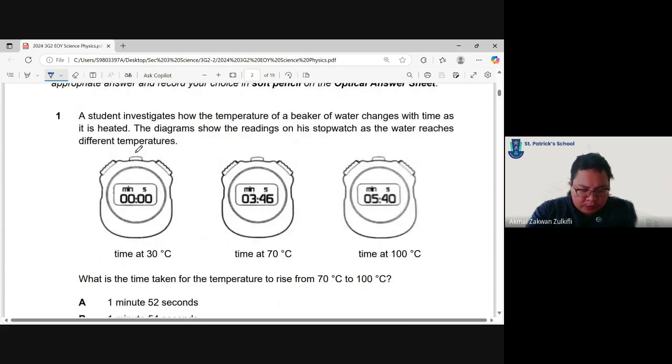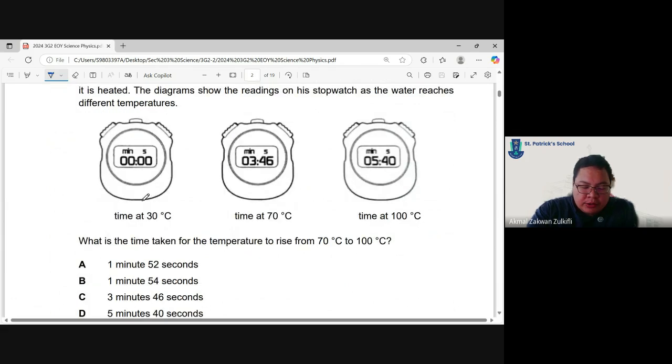Question one, the student investigates how the temperature of a beaker of water changes with time as it is heated, and then shows the readings on the stopwatch as he reached different temperatures. Okay, so these are the stopwatch readings: time at 70 degrees, time at 100 degrees, time at 30 degrees. What's the time taken?